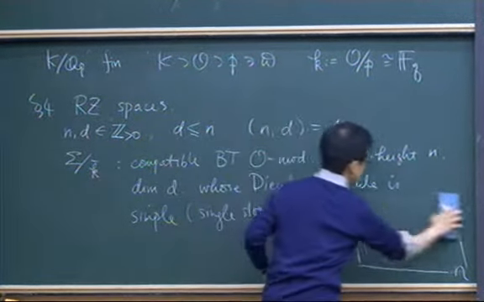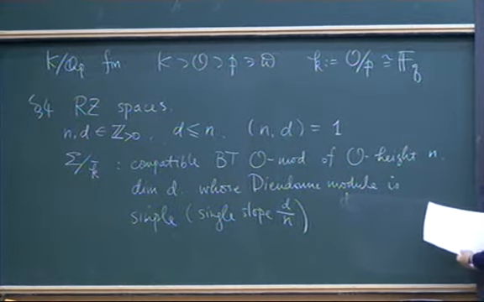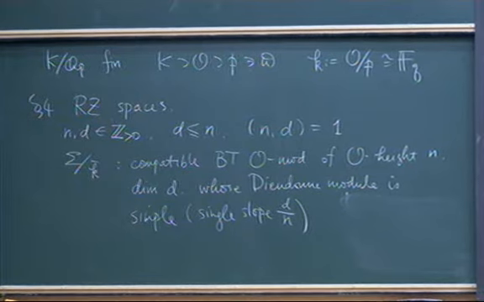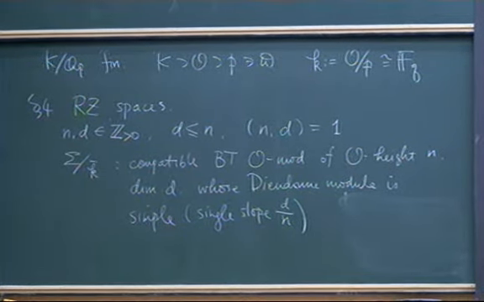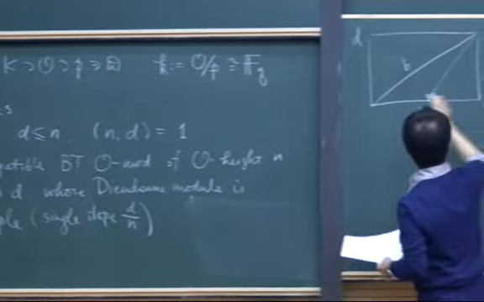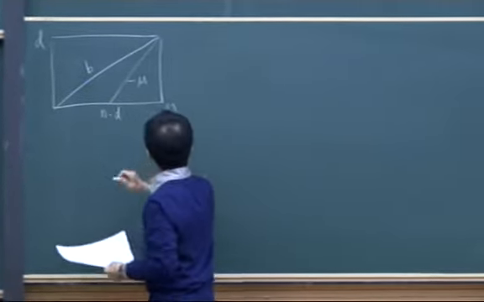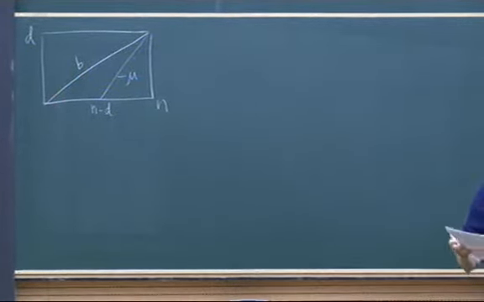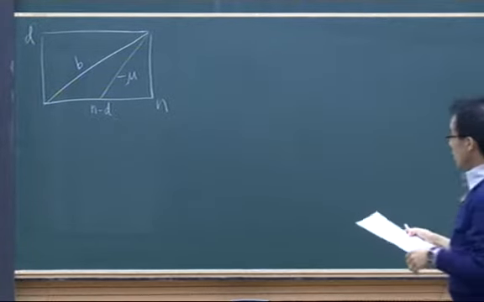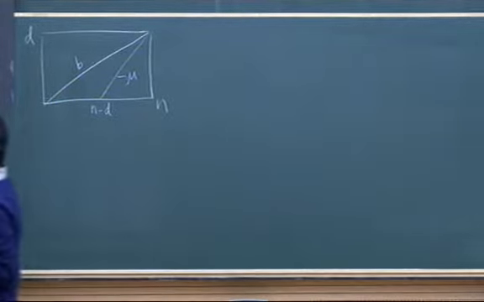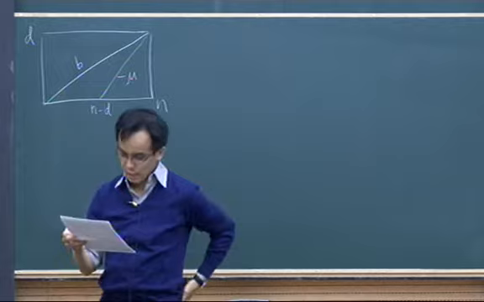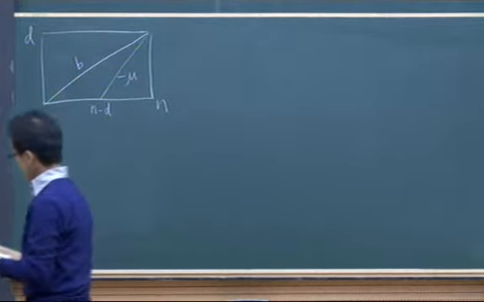Maybe I'll use the other board. And B is this Newton polygon, and the Hodge polygon would be n minus D. This is mu, or minus mu if I use Segu's notation. I want n and D to be coprime just to make sure that the endomorphism ring is the order of a division algebra.